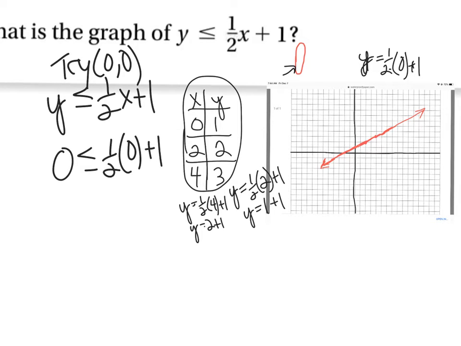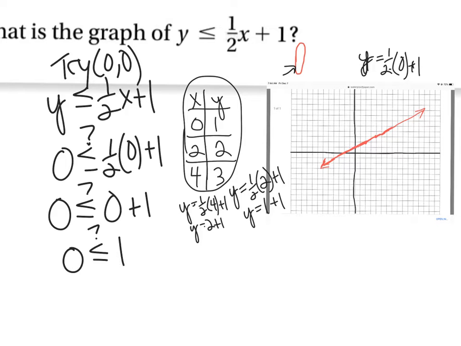Technically, when we're substituting this in and we don't know if it works or not, we really should put a question mark there, kind of like the book did, because we really don't know if this is working or not. So half of 0 would be 0, plus 1 is 1. So the question is 0 less than or equal to 1? Yes, it is.